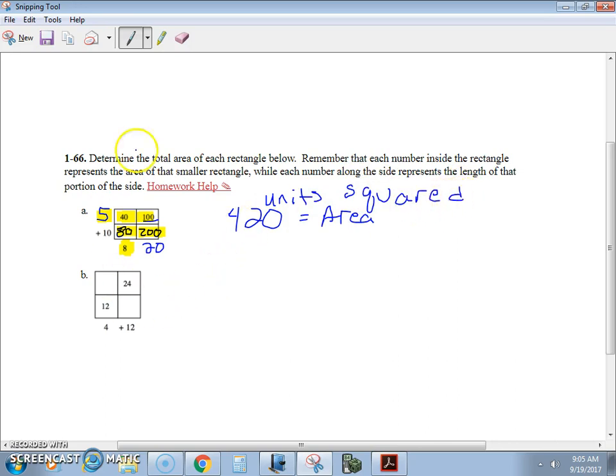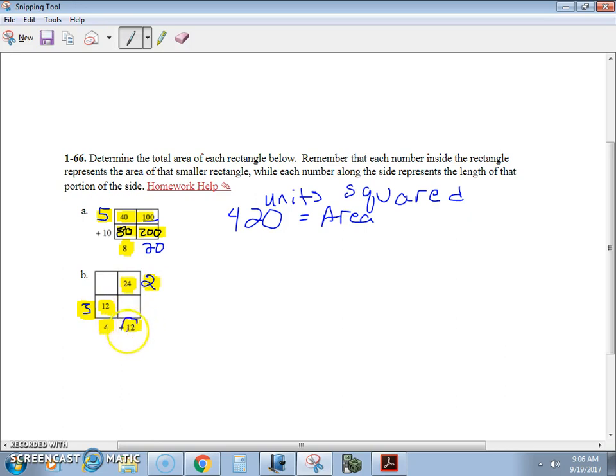Okay. And let's look at box B. I need to figure out what times 4 is 12, and I need to figure out what times 12 is 24. Those are probably the easiest things to do first. So 4 times 3 is 12, and 12 times 2 is 24.